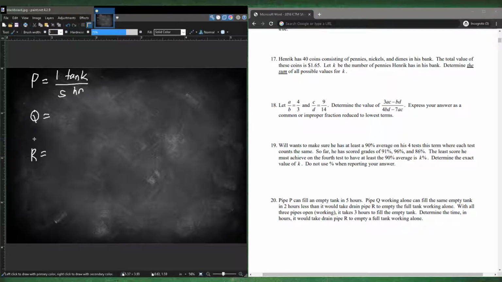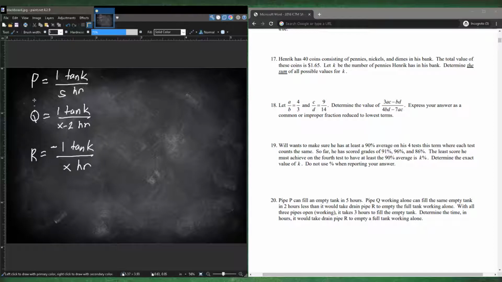Pipe Q working alone can fill the exact same tank in 2 hours less than it takes pipe R to empty the full tank working alone. So since R is draining it, that means it takes away 1 tank. And let's call it X hours, because it didn't give us a number. It just says for Q that's 2 hours less. So that one is 1 tank in 2 hours less than X, so X minus 2 hours.